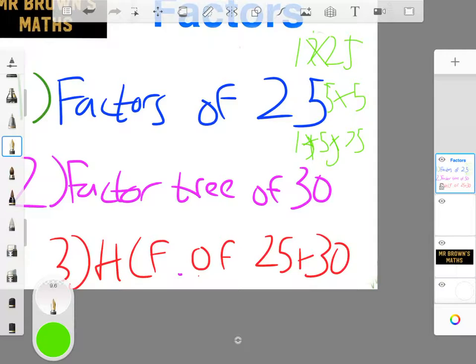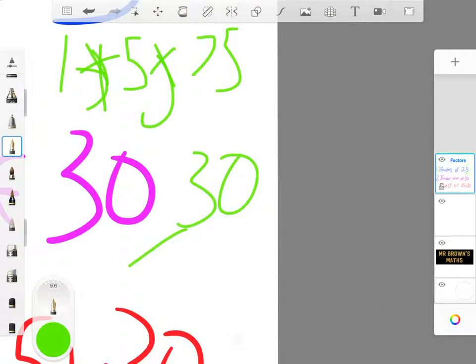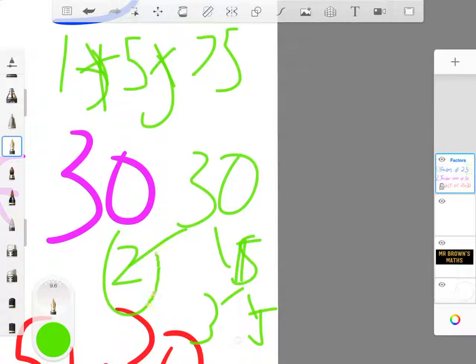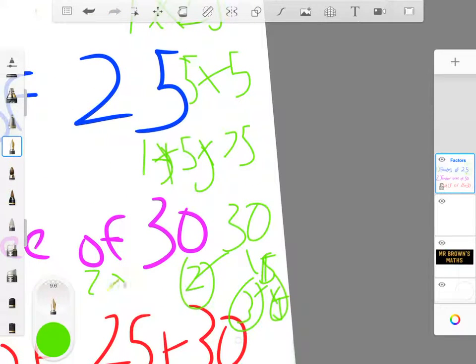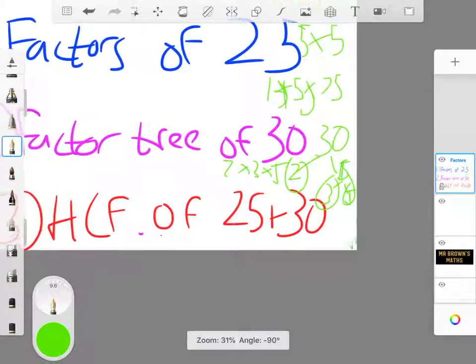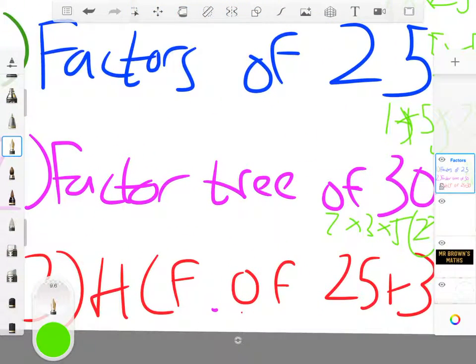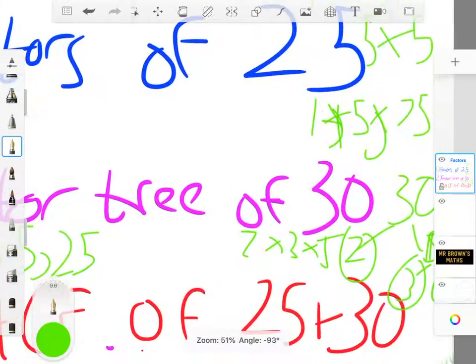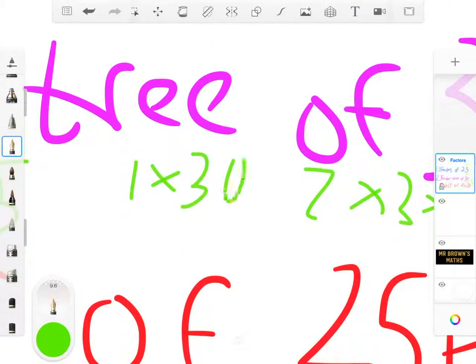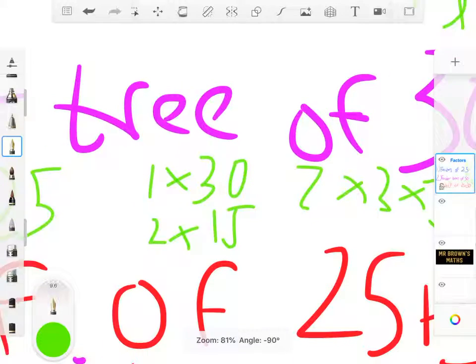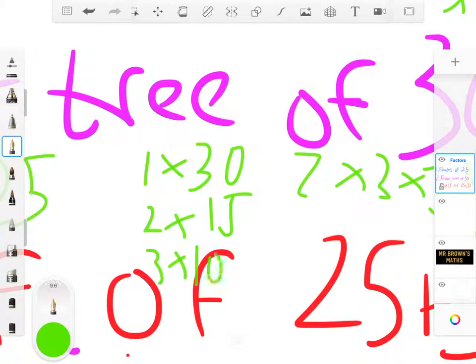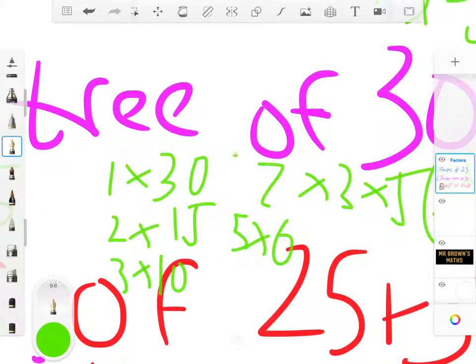Then your factor tree of 30, well we've got 30, 2, 15, 3 and 5, so 2 times 3 times 5. Your highest common factor of 25 and 30, let's list out 30. So we've got 1 times 30, 2 times 15, 3 times 10, and 5 times 6.